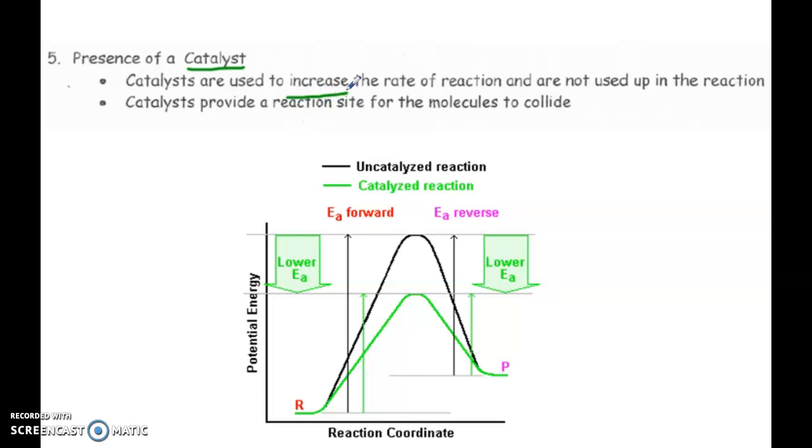And actually how it does that is it lowers the amount of energy required for that successful collision. So if you remember, I mentioned that a successful collision requires two things: the collision of the two particles or three particles, however many are coming together, and when they do collide, they need a sufficient amount of energy.